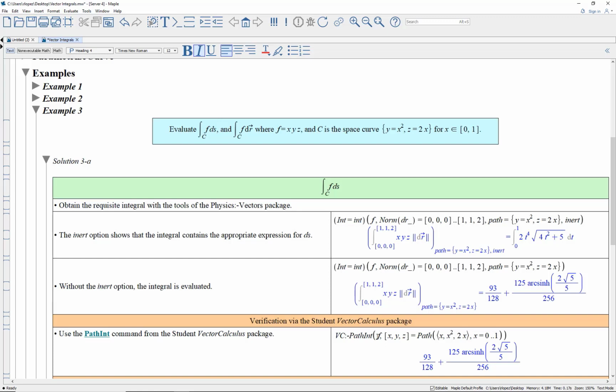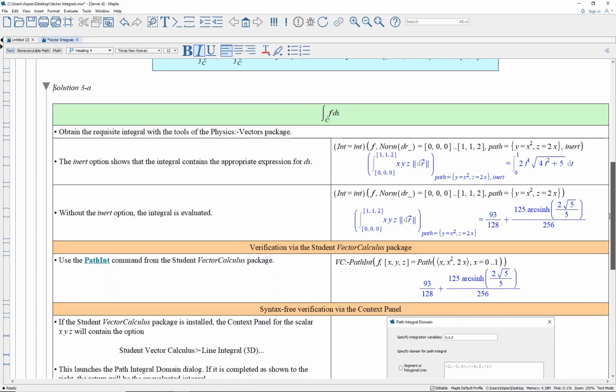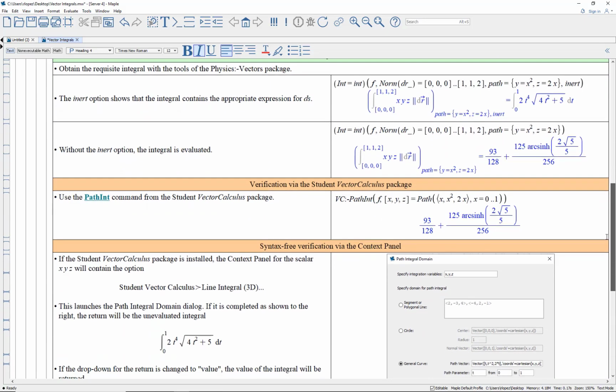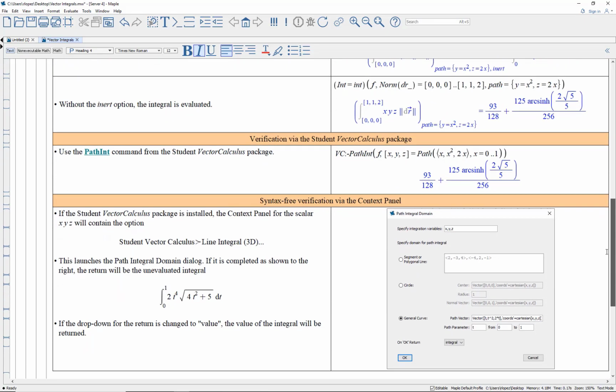Scalars don't carry coordinate systems, so you have to give the variables xyz. Path is the general curve given as a vector, x, x squared, 2x, and x goes from 0 to 1. Return is the same number that we see here. There's a syntax-free access to this verification.